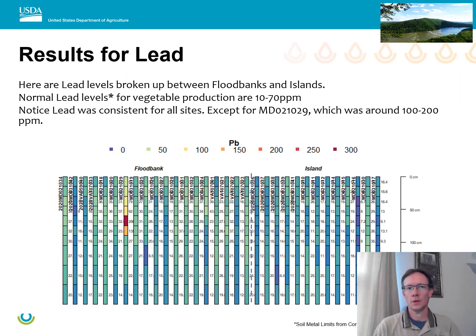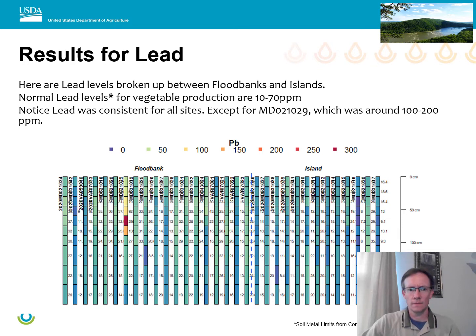So here are some results we got from the study for lead. Normal lead levels for vegetable production are between 10 and 70 parts per million. The chart below breaks out the flood bank soil versus the islands, the left versus the right.